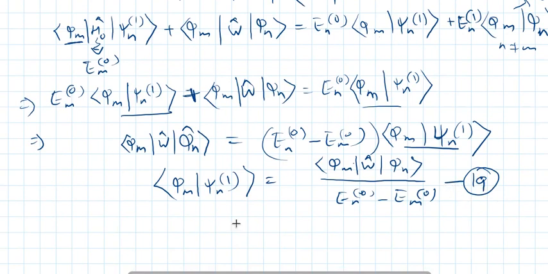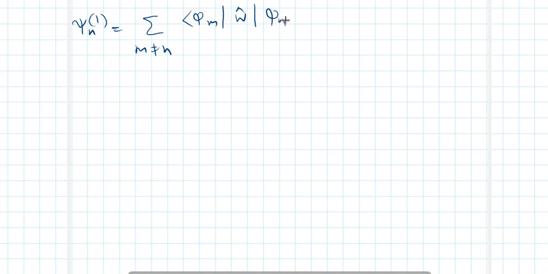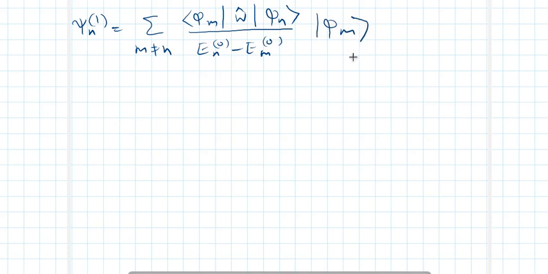And using this value in equation number 18, equation number 18 will become psi n1 is equal to summation m is not equal to n, phi m w phi n upon En0 minus Em0 and phi m, and let me call it equation number 20.